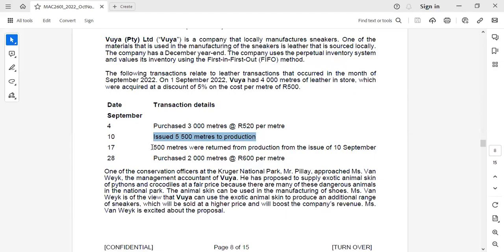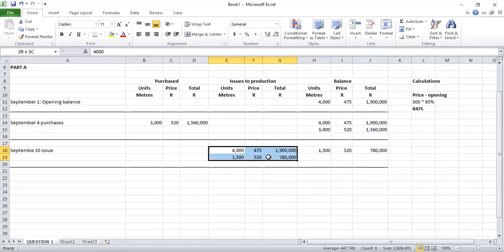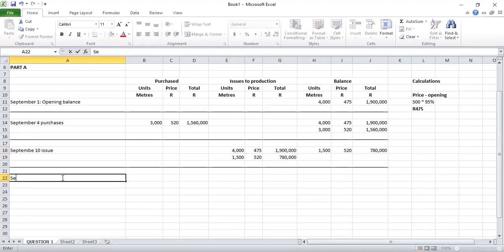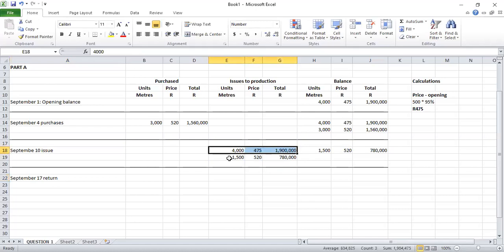On 17, 500 meters were returned from production, from the issue of 10 September. So from this issue, they returned 500. And remember, it's first in, first out. So obviously they first used these ones. The return will be from the last batch, because they have used the materials on a first in, first out basis.